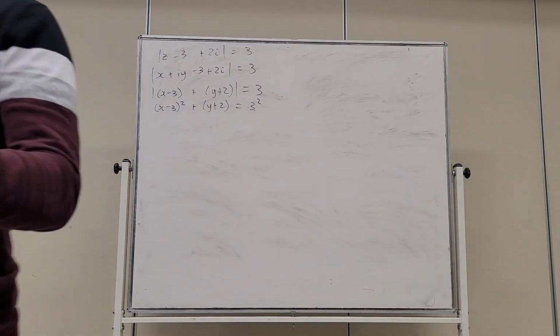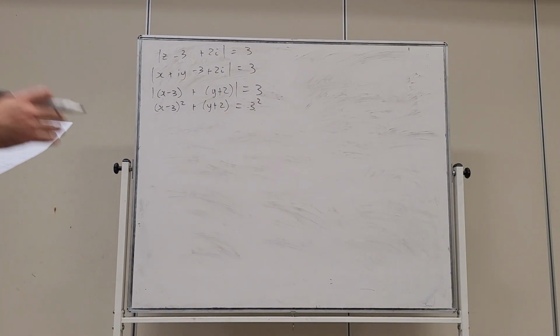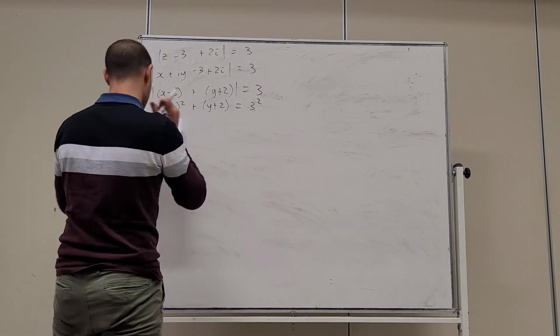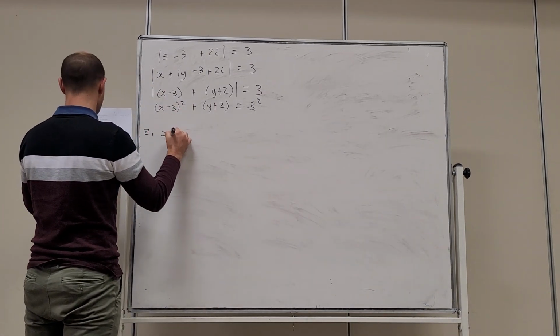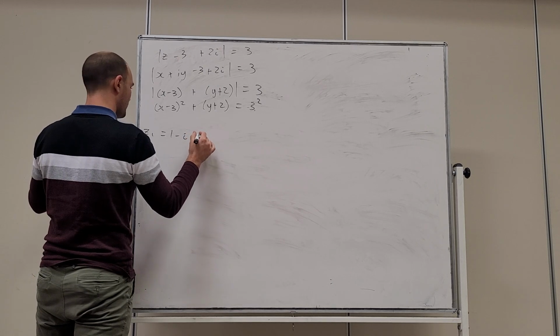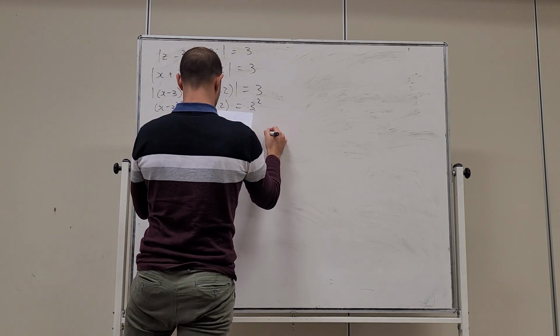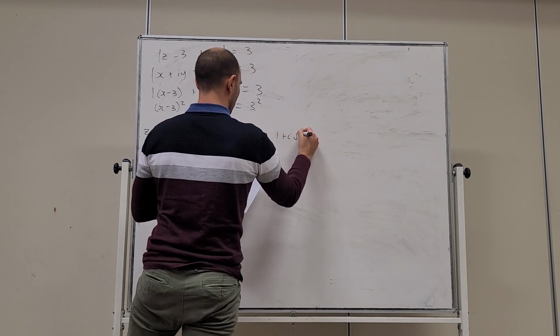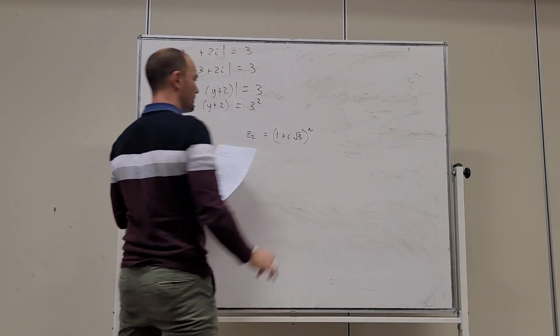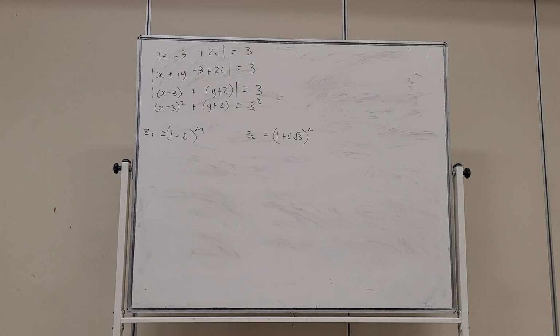It's combining a number of different things that we've seen before. So we have two complex numbers. z1 is 1 take i to the power of m, and z2 is 1 plus i root 3 to the power of n. This is a past exam question, by the way, where m and n are positive integers.